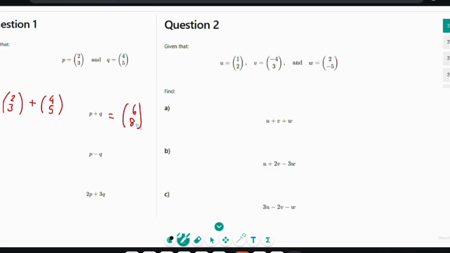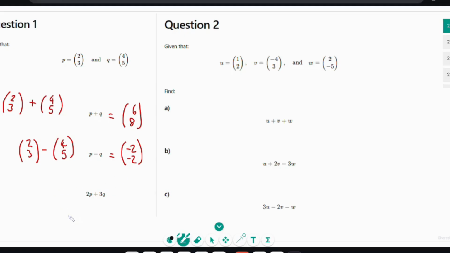Part B. We've got P minus Q. So we've got 2 take away 4, negative 2, 3 minus 5, negative 2.